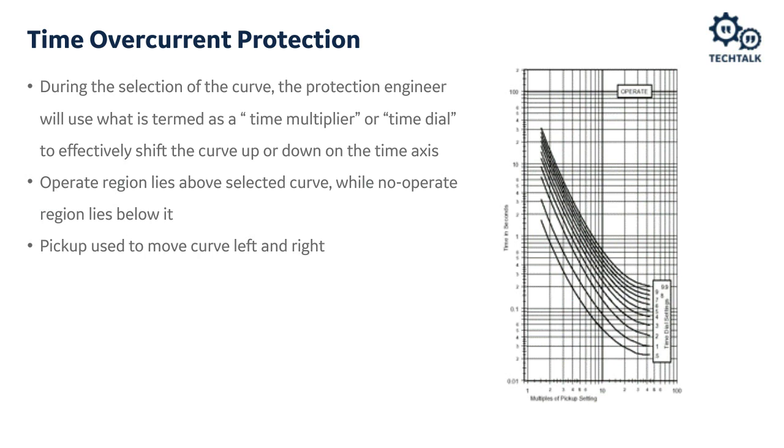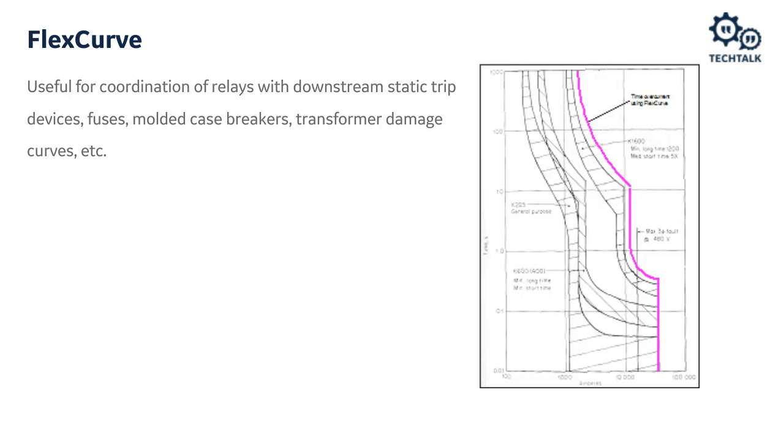A third option that we might employ is a flex curve. So flex curves are curves that you can basically customize and build inside of the relay. So the 8 series relays and the URs have the ability to build these flex curves. And basically what you do is, to build the actual curve, you enter a multiple of pickup and a time to trip.